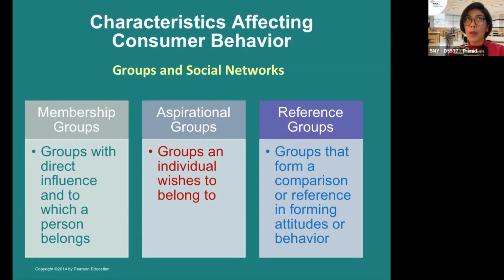But then who is the reference group in your life? Who do you compare yourself to when you shape your attitude towards an issue, an object, a product? Whose norm would you conform with? Anyone can share the story?